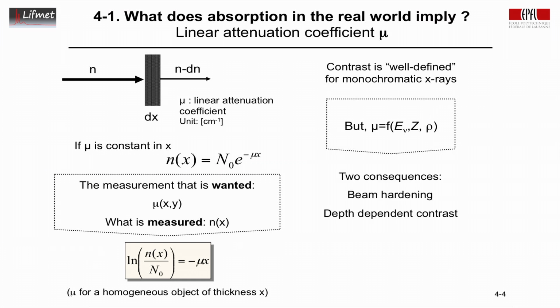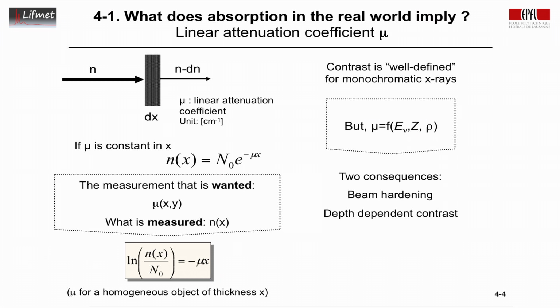This has some consequences in real life, and one of the consequences is beam hardening, and the other one is depth-dependent contrast. And this you can imagine in the following way. When the photons arrive at the tissue, they have a certain spectrum of energy, and this spectrum of energy has different absorption.